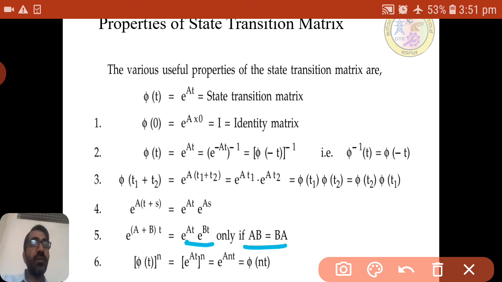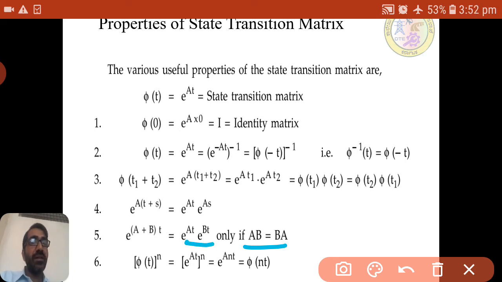That is possible only when ab is equal to ba, means a multiplied with b is equal to b multiplied with a. If both are the same, then we can write e raised to at into e raised to bt.